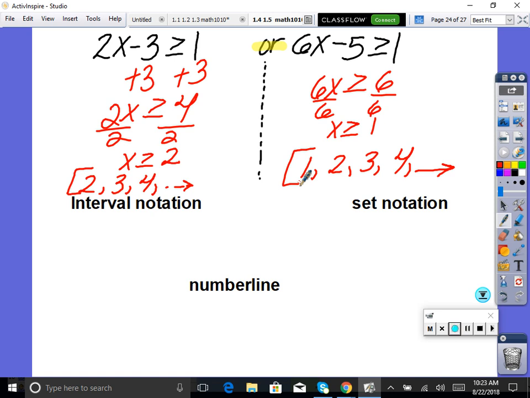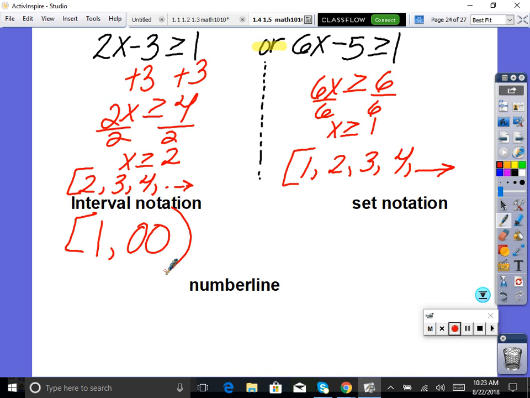So let's see here. What's our lowest value we start at? 1, right? Even though this one doesn't have a 1. Everybody gets to come. So our lowest value is 1. Well, 2 gets to come, great. 3 gets to come, 4. Oh, so what else? Where's the highest value for both of these? Infinity. Everybody gets to come.